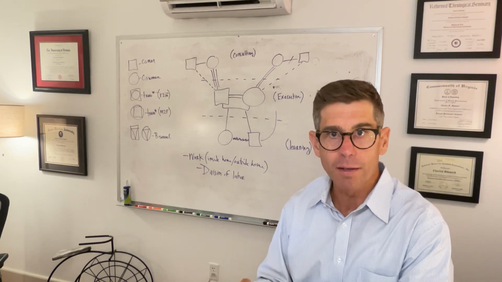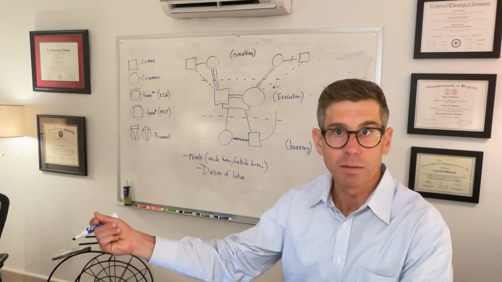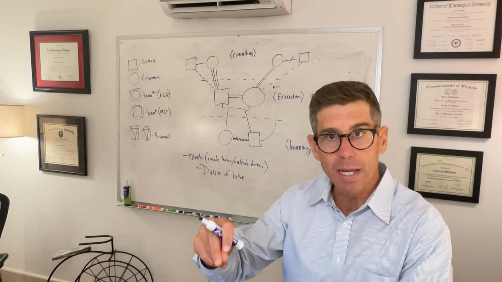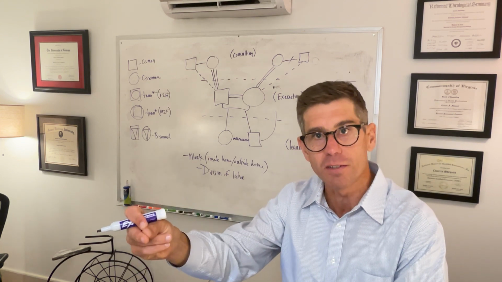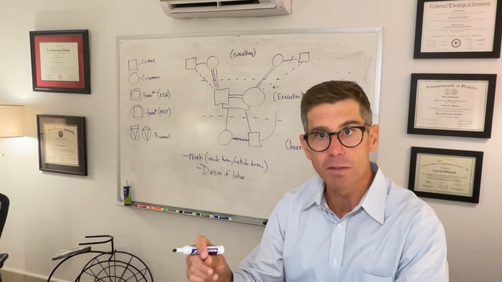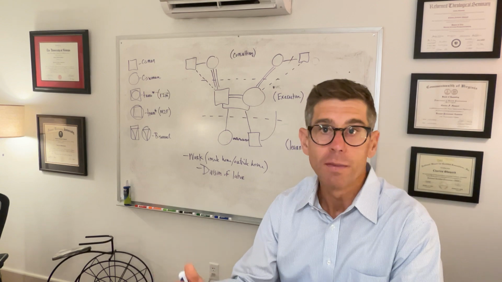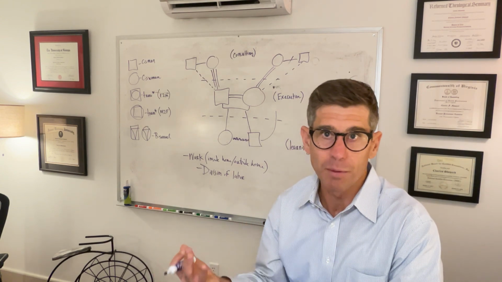More often than not, pathology is the result of a family system concern, and when we can find the flaws and make adjustments in the system, the pathology oftentimes will, if nothing else, if not resolved, then be relieved, right? So say you're working with a family with a child with ADHD, right?